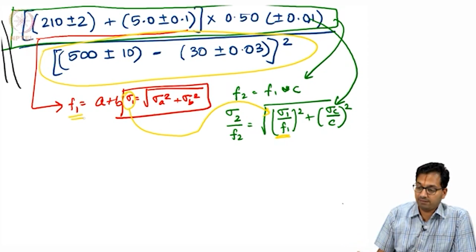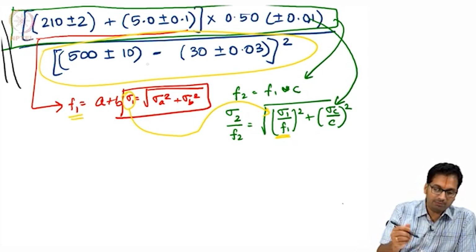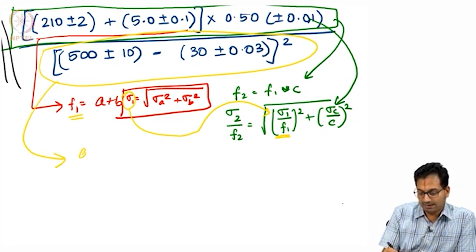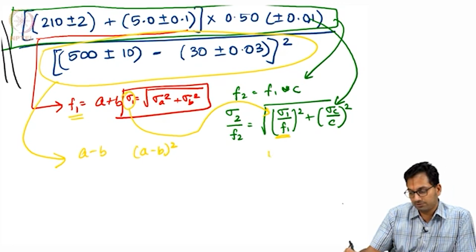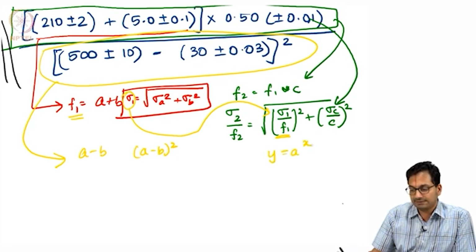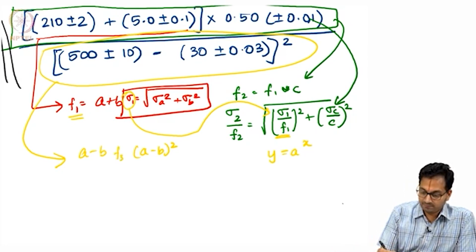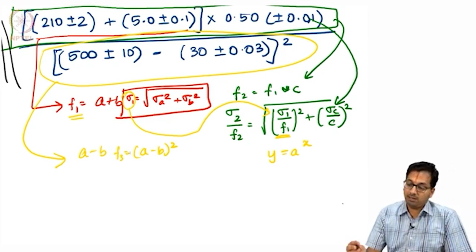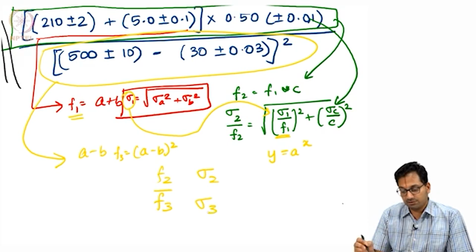And on the other hand, what you are able to see at the denominator has two different functions that are going with it. The denominator has something like a minus b, and on top of it you also have a minus b the whole square. So, you are going to be exploiting the formula such as y equal to a power x, and then finally, let us say this is f3, once you have gotten f2 and f3, you are having something like f2 divided by f3, and each of this is associated with a certain error.